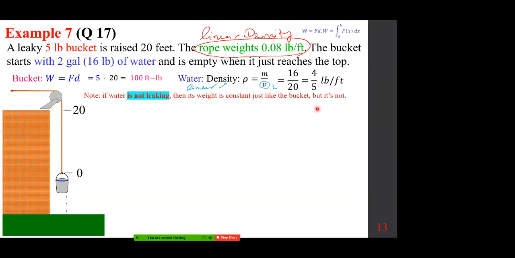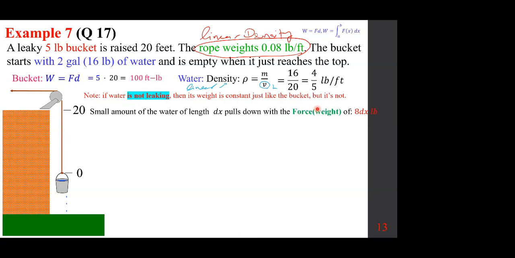So you just follow this concept that was explained before: a small amount of water, of length dx, pulls down with this force, 8 dx, and let x be the distance.